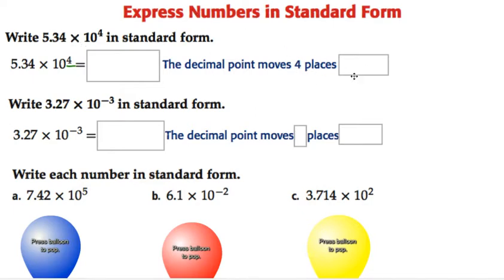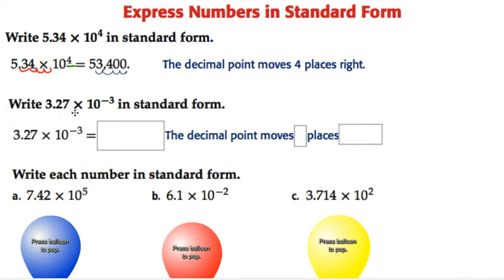So it's going to move to the right. Since it's a positive 4, it moves 4 places to the right. So to write our number in standard form, we're going to start where the decimal is, and we're going to go 4 places. 1, 2, and then we need 2 more spaces, right? So those will have to be added zeros, so we'll get 53,400.